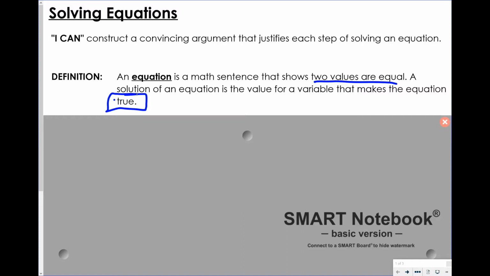Now, copy this down here, and then I have some examples of an equation. And you guys already know what an equation looks like. So once you copy this down, here's your first example of an equation. Write this down here: 3x minus 2 equals 6.